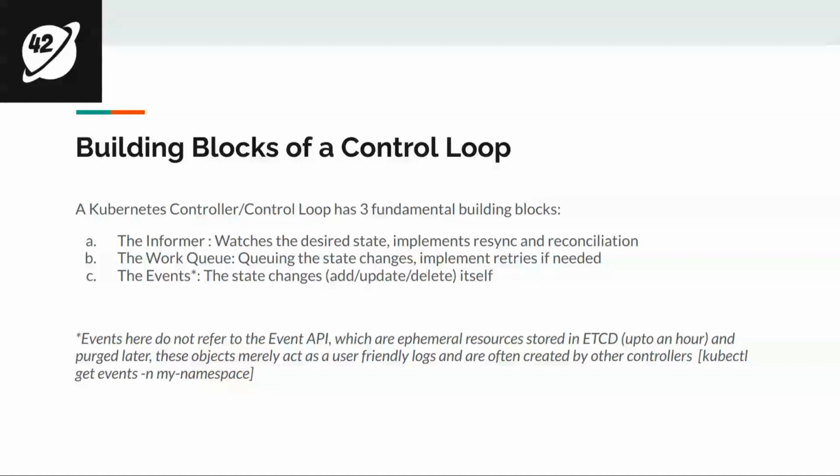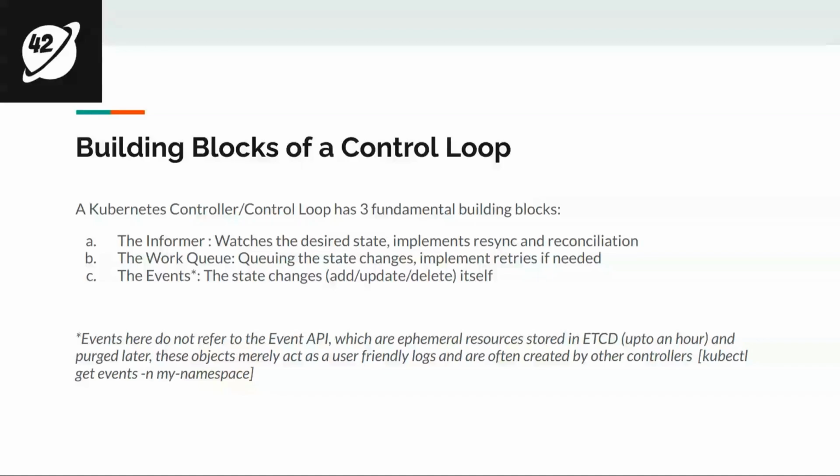Okay. And they all have a pretty specific assigned set of responsibilities within your controller. So the informer, as an example, watches these state changes as they propagate in the cluster. It implements the resync and reconciliation mechanism that we just touched upon.